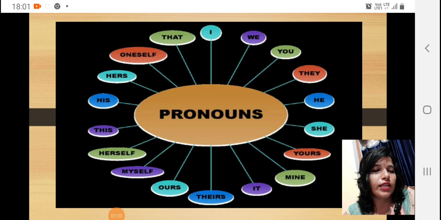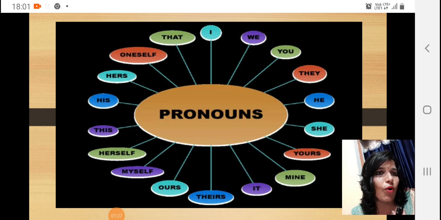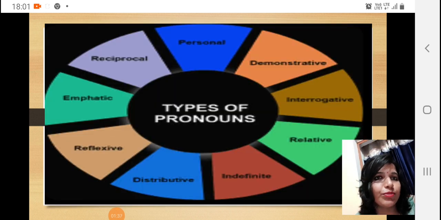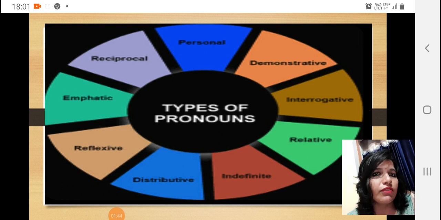A few of them are given: I, we, you, they, he, she, yours, mine, it, theirs, ours, myself, herself, this, his, hers, oneself, that, etc. The types of pronouns given here are personal, demonstrative, interrogative, relative, indefinite, distributive, reflexive, emphatic, and reciprocal.